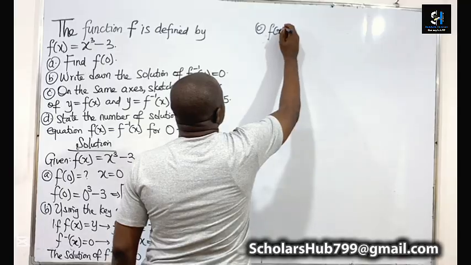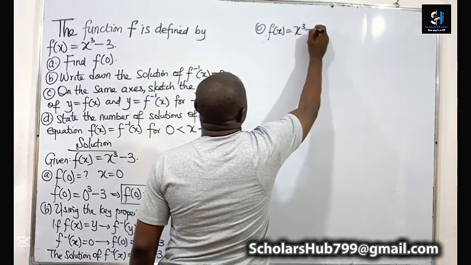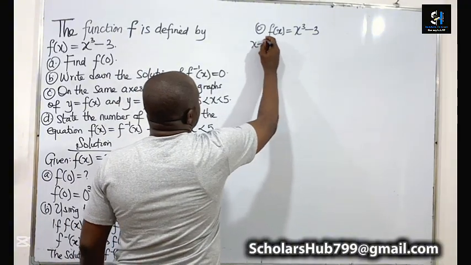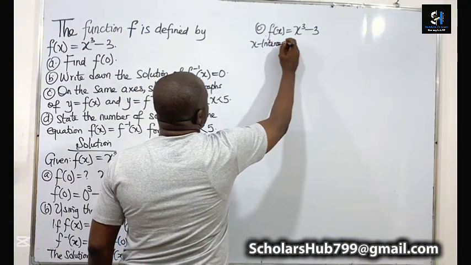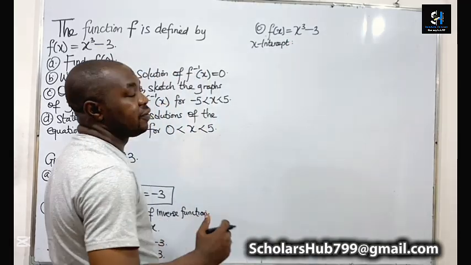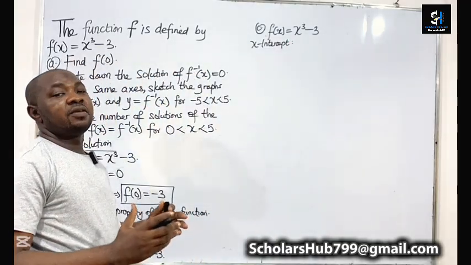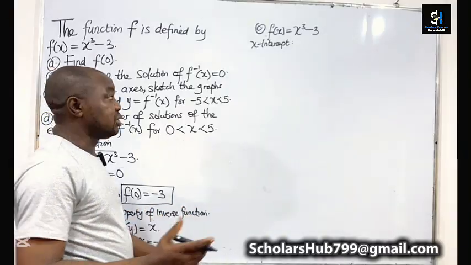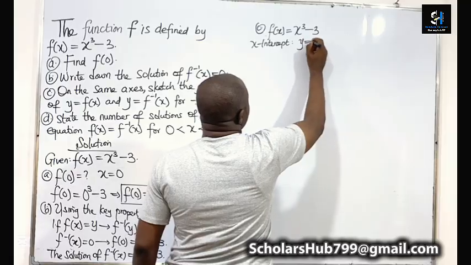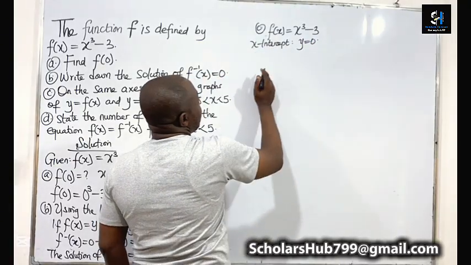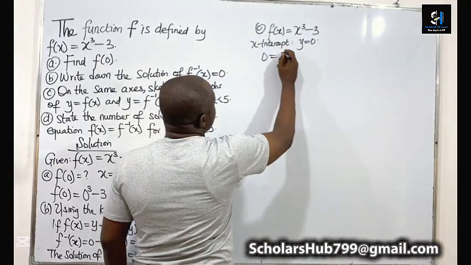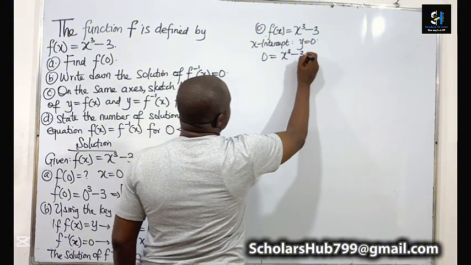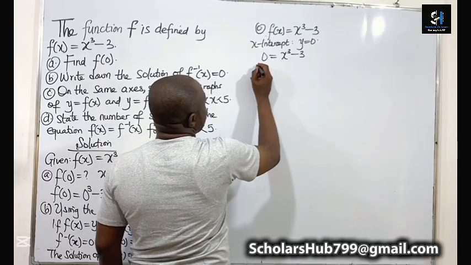Okay, so now I'm going to write this again. We have f of x equals x cubed minus 3. Now the x-intercept for the original function: the value of x when the value of y is equal to 0 will be our x-intercept. So when f of x equals 0, we have 0 equals x cubed minus 3. I'll carry this over to the left hand side.